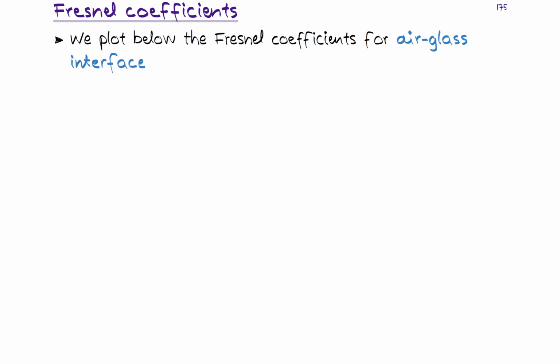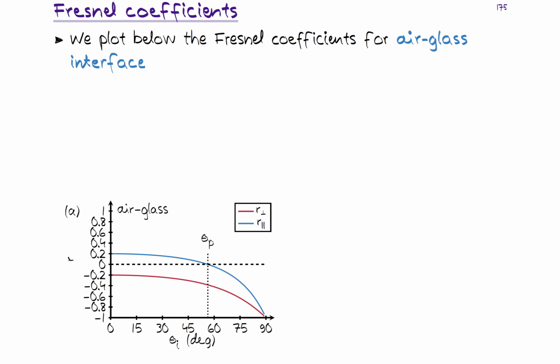So what we can now do, we have equations and we can really use them to understand what happens. Let's consider a simple scenario, an air-glass interface, and how things look there. In figure A, I'm plotting the reflection coefficient as a function of theta_i, the angle of incidence, for two scenarios: the field component oscillating normal to the plane of incidence and parallel to the plane of incidence.